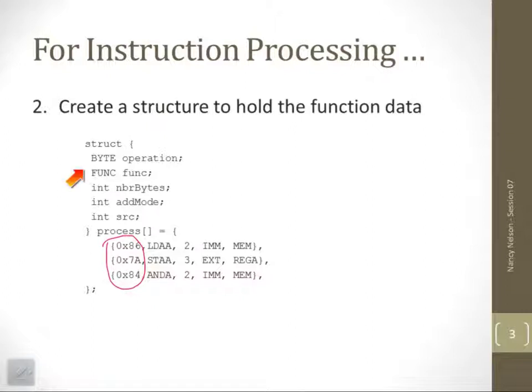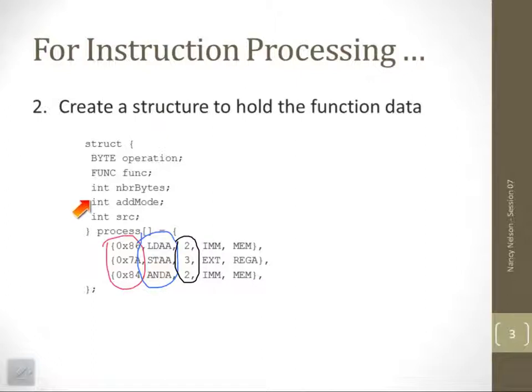Second thing is the name of the function that's going to handle that. So here we have a function. We're going to have a function called LDAA, another one called STAA, and a third called AND-A. Next thing is an integer that holds the number of bytes. So that would be the total number of bytes that instruction requires. So here, our next field has the number of bytes.